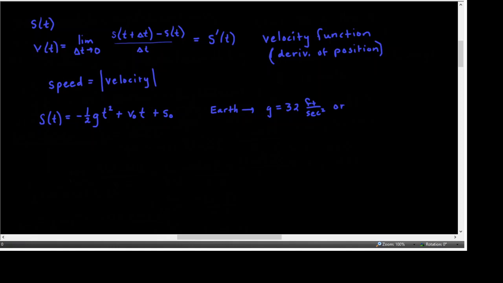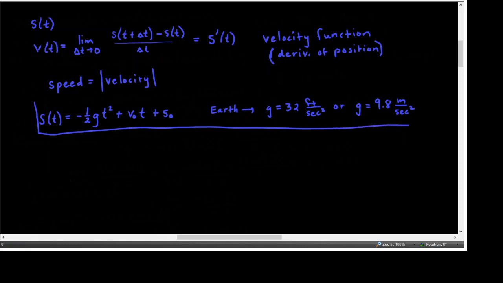Or if you're using meters and seconds, g will be 9.8 meters per second squared. Those are the two constants you'll need to know with this formula. If the problem is dealing in feet, g will be 32. If the problem deals with meters, then g will be 9.8.